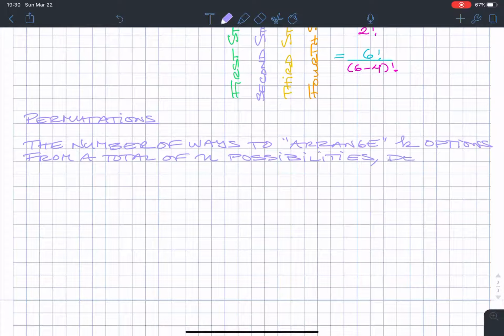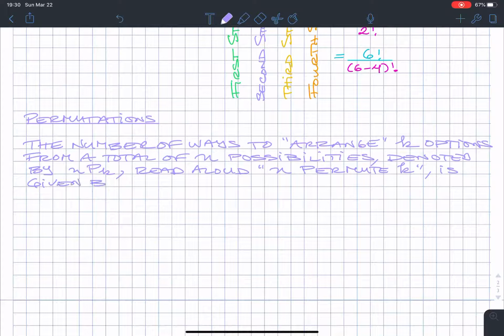denoted by, and you'll see this symbol on your calculator, n, capital P, K, read aloud, n permute K, is given by the following.